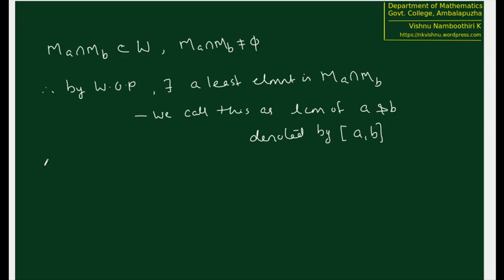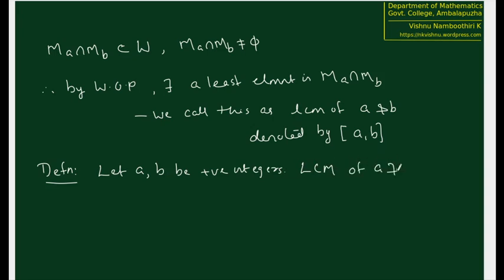Now we are going to make the definition precise. Let a, b be positive integers. Then the LCM or least common multiple of a and b is, first, a multiple of a and a multiple of b, that is, a common multiple.